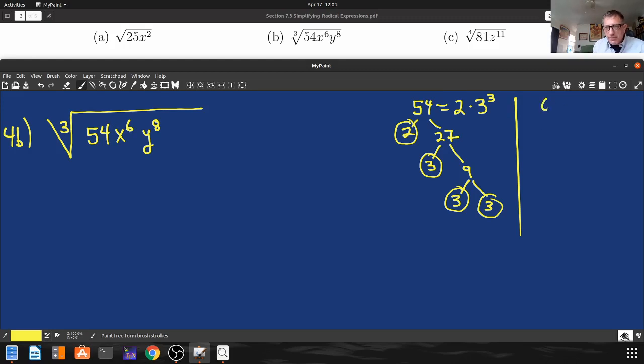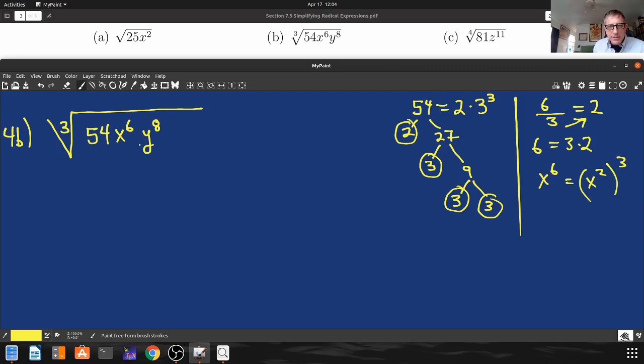So I'm going to divide 6 divided by 3, and that gives me 2. So that implies 6 is equal to 3 times 2. So I'm going to write x to the 6th as x squared cubed, because I'm looking for it to be a power of 3.